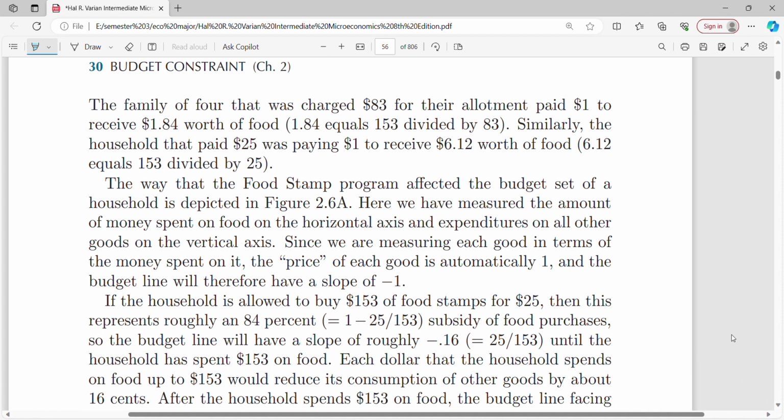A family of 4 that was charged $83 for their allotment paid $1 to receive $1.84 worth of food. So this paragraph means that as the household income changed, the price at which this household can afford the food coupons worth the same amount also changed.